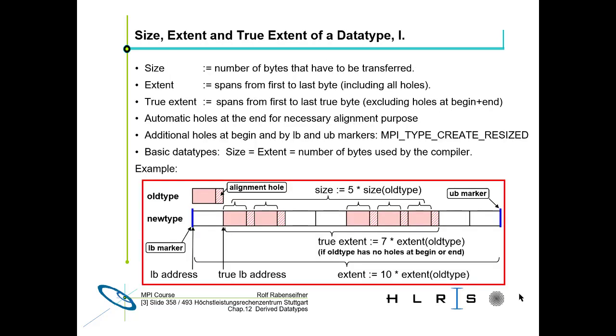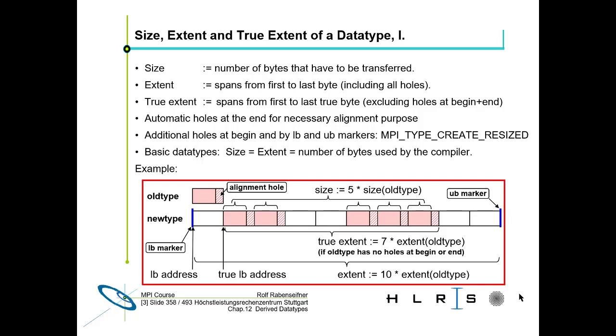When talking about data types, there are a few notions which we have to keep track of. On the one hand, there is the size, and that's the number of bytes that has to be transferred. There's also the extent, which spans from the first to the last byte, and that will include all holes, also holes at the beginning or the end of a data type.